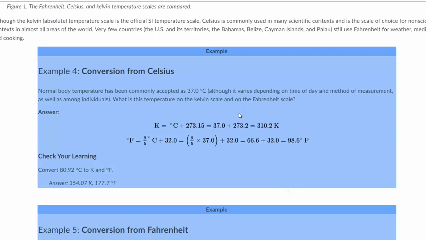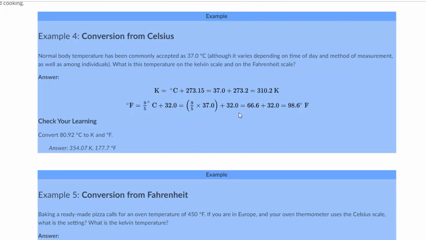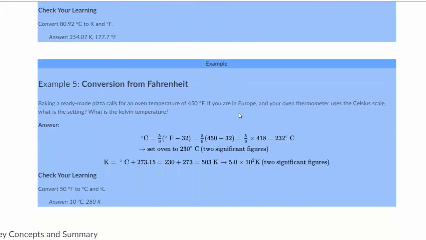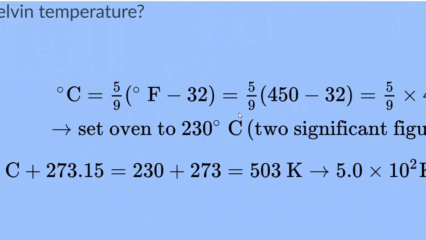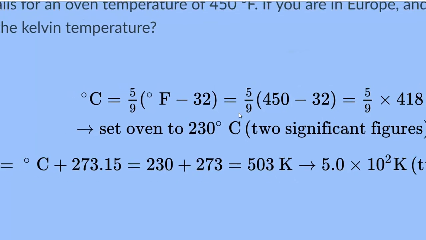So the conversion equation is Celsius is equal to 5/9 of the Fahrenheit degree minus 32. So if you have to convert between Fahrenheit and Celsius, say for cooking, that's the conversion you need to remember.